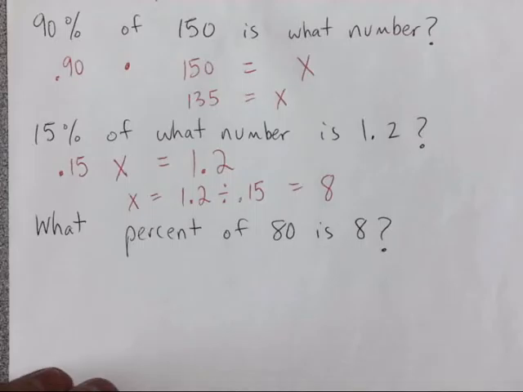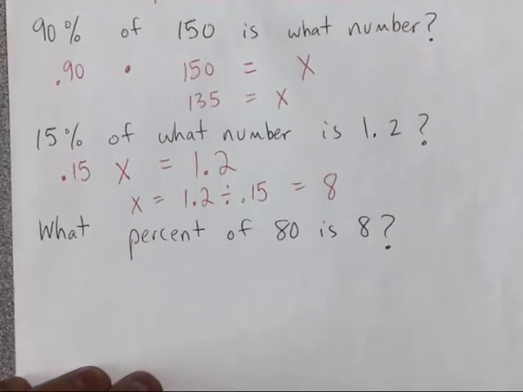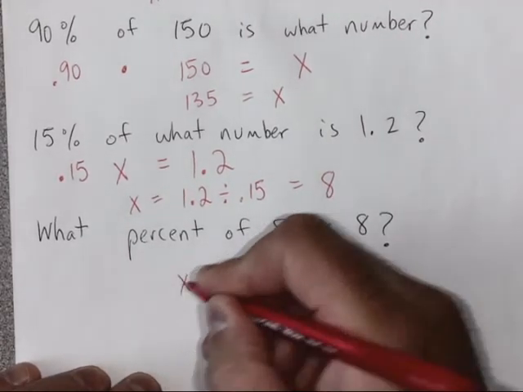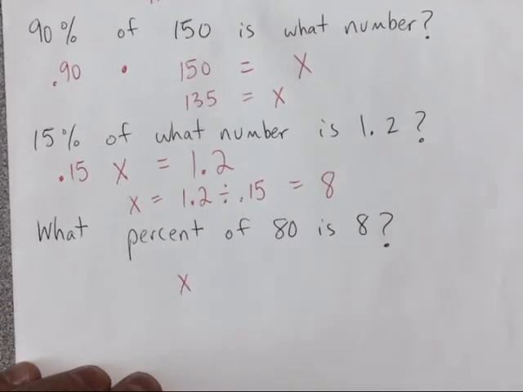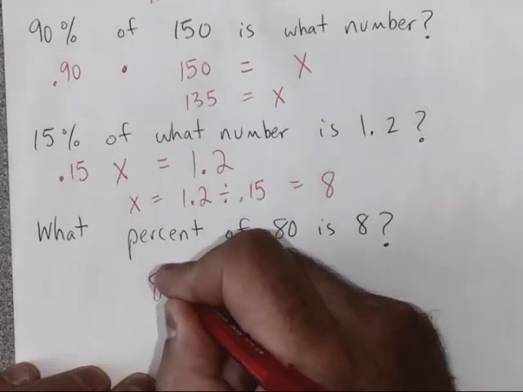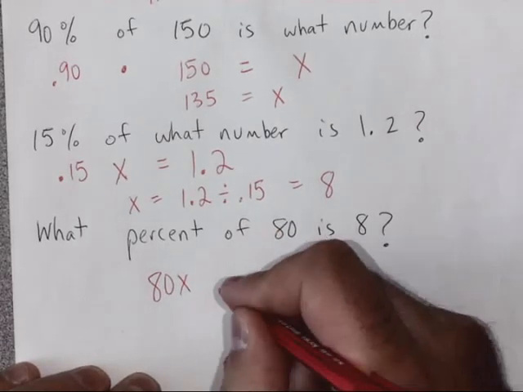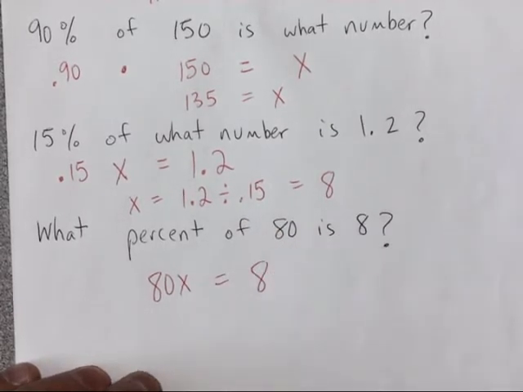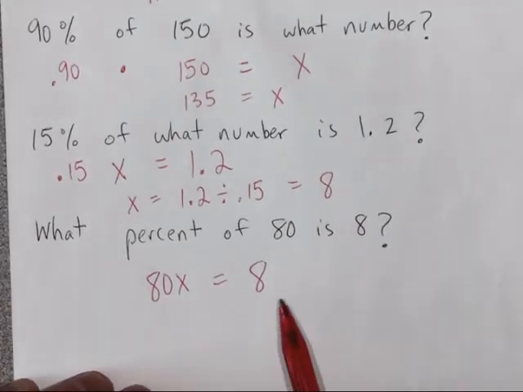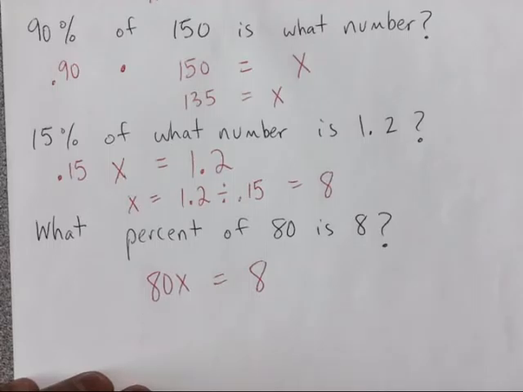What percent of 80 is 8? Okay, so we have what percent, so that's x, of 80. So that's essentially 80x, x times 80, is equal to 8. So once again, divide the number opposite x by the number that's in front of x.